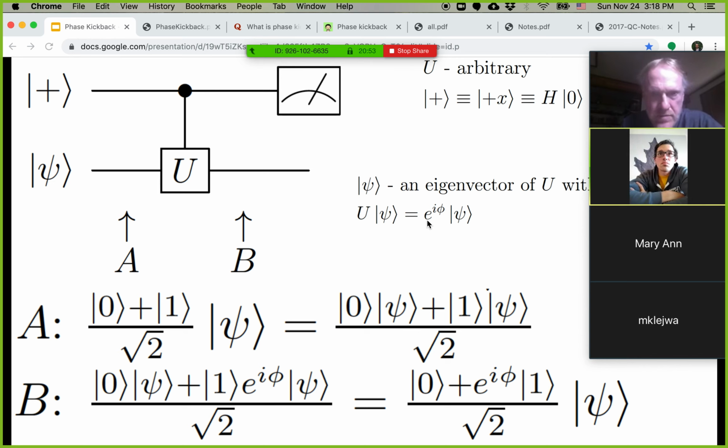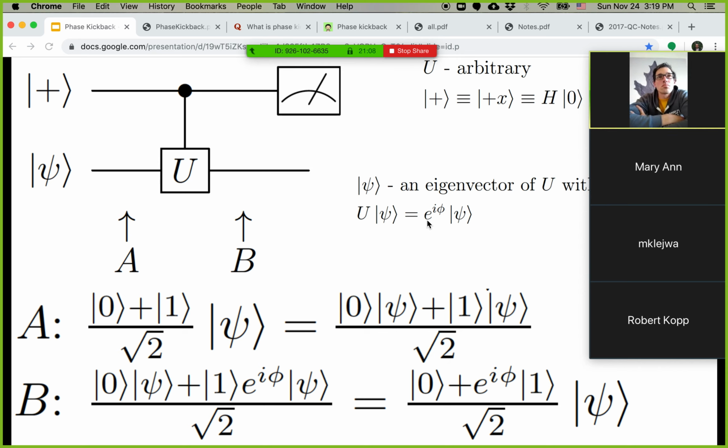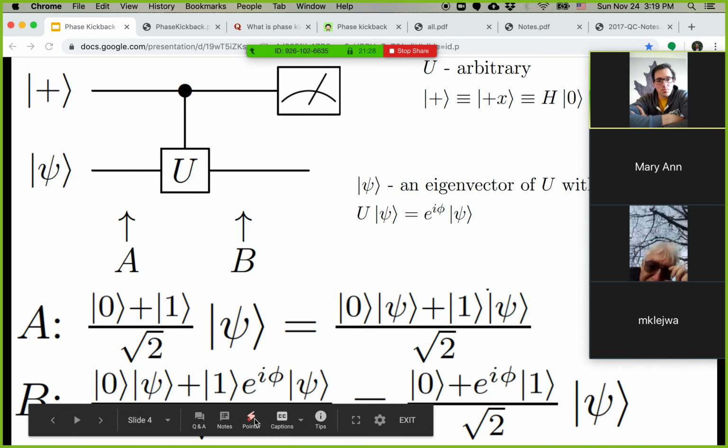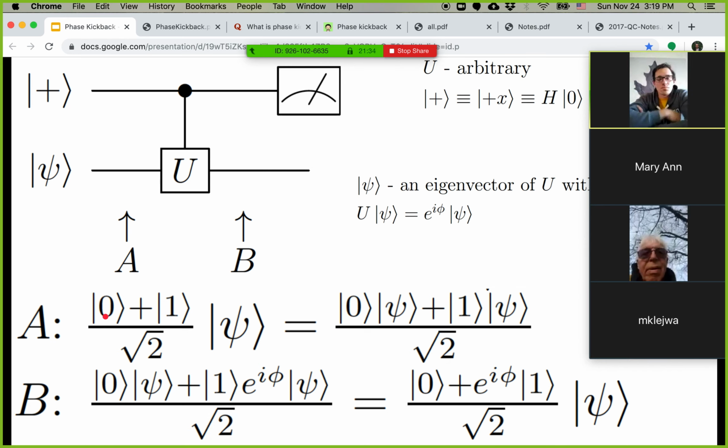Generally speaking, we can't restrict ourselves to e to the i phi, but in the quantum case we can, because probabilities have to add to 1, so we can't really have big coefficients for probability amplitudes. Here, in this case, they are just 1 over square root of 2, for both cat 0 and cat 1.